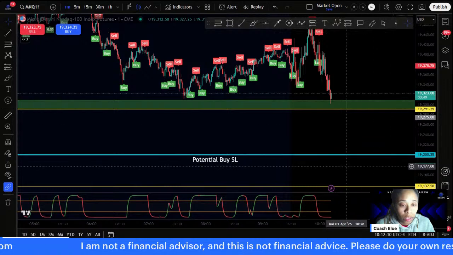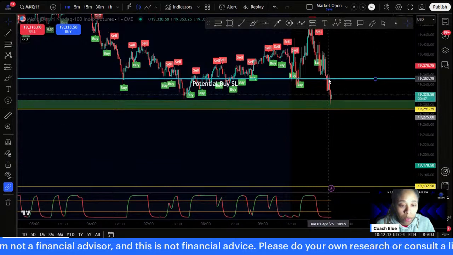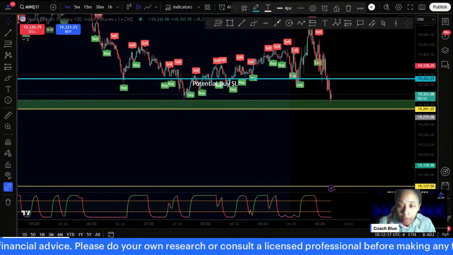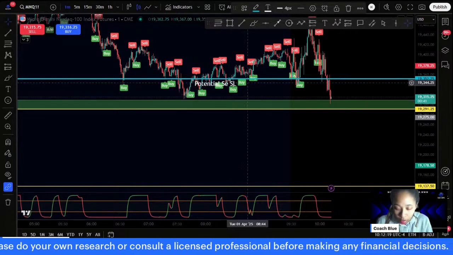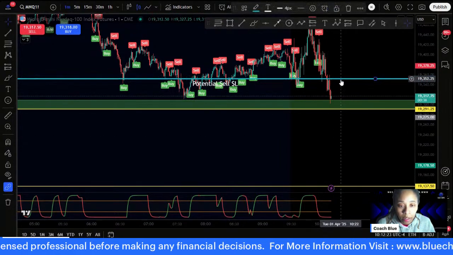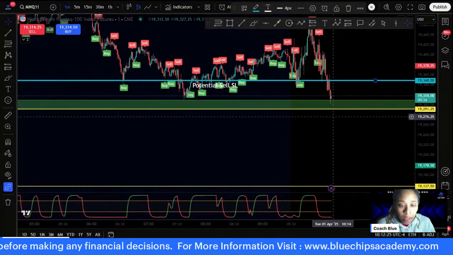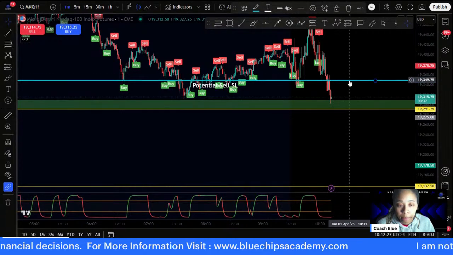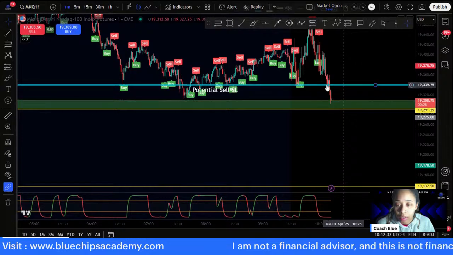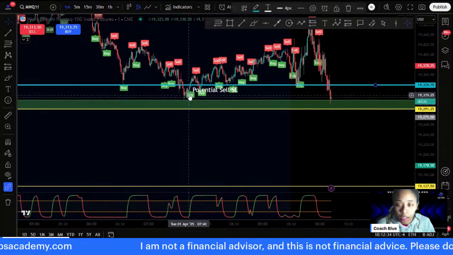Let me move this here. I'll label it potential sell stop loss so that it's not confusing. That's where I will put my stop if we got in here. Actually, I can move it down just a little because we had some resistance here.